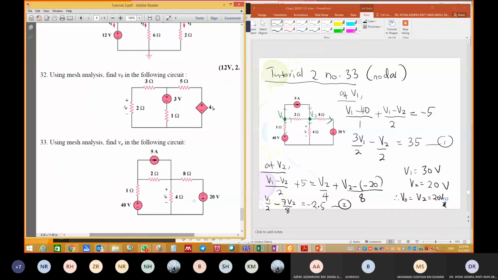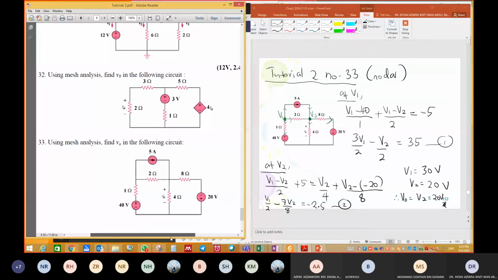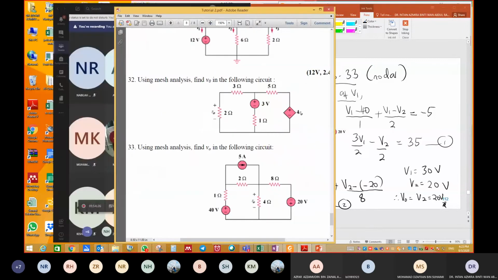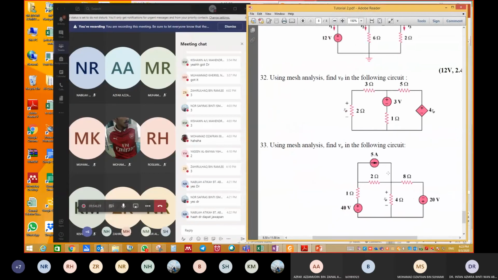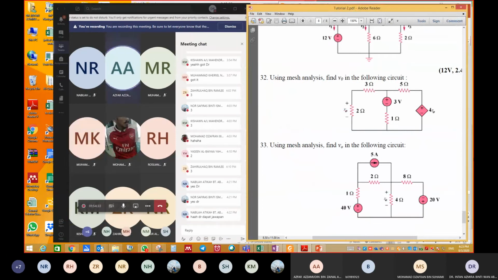Okay, so in your opinion, how many nodes in number 32? How many nodes? Only one node. Good. Very good. Where is it? At the middle, right? So if you have one node, you will have one equation only.